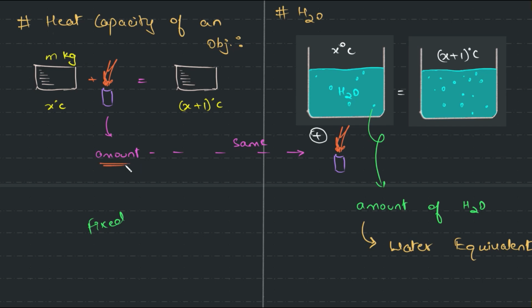So this amount of heat is carried over here, and you keep the temperature at x degree Celsius. You provide this heat, and you have to see to it that it raises the temperature by 1 degree Celsius, not less, not more. By manipulating the amount of water, you'll be able to achieve this. That amount of water is your water equivalent. That's it. So that's the idea.